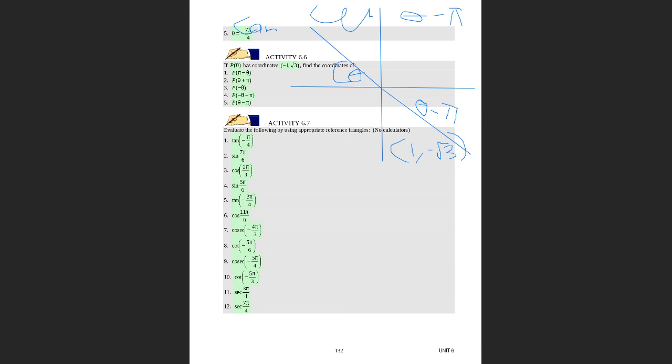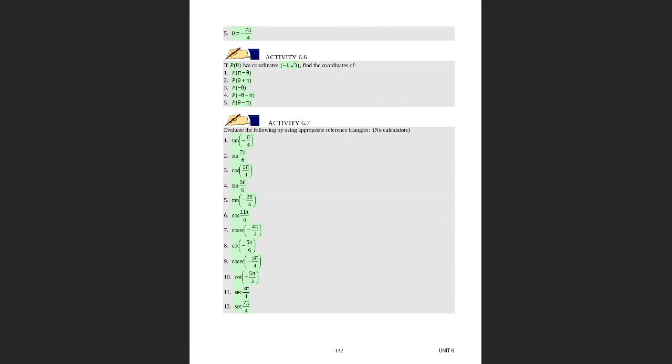Okay, good. If there are no questions, here they said without using calculators. But as you know, I don't know how the questions are going to be. This is an objective test, so you must be able to estimate and understand how to do it without calculators, because I don't know how the questions are going to be set. So here you have to know that pi over 4 is a special angle. So there's the reference angle.